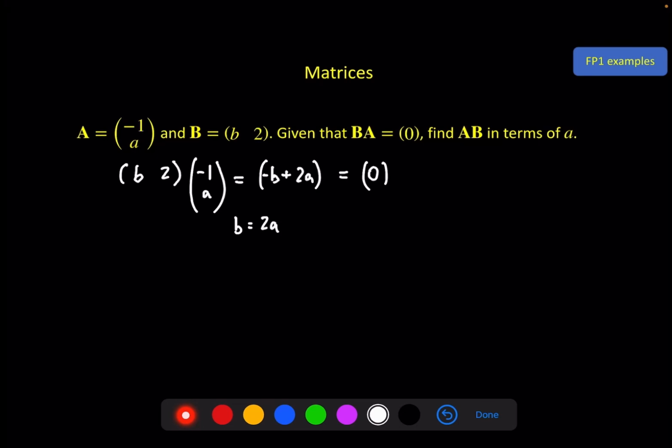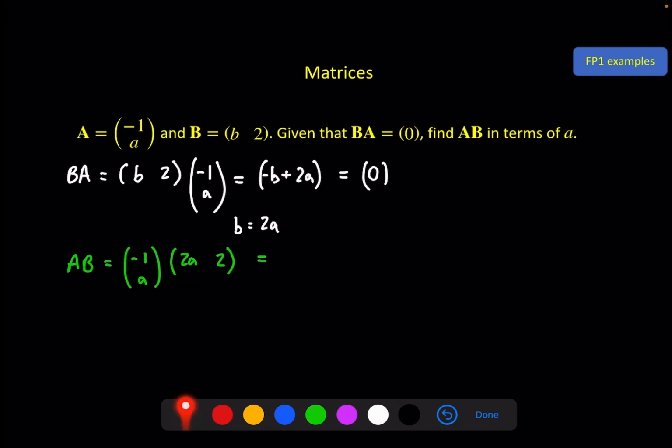Now we have that information, we can put that back in and find AB. So this was BA. Now AB is equal to A, minus 1, times B, which we now know is 2A, 2.